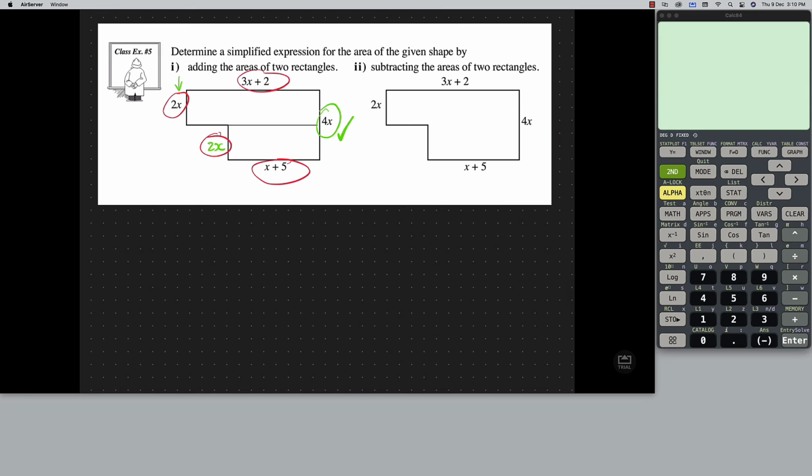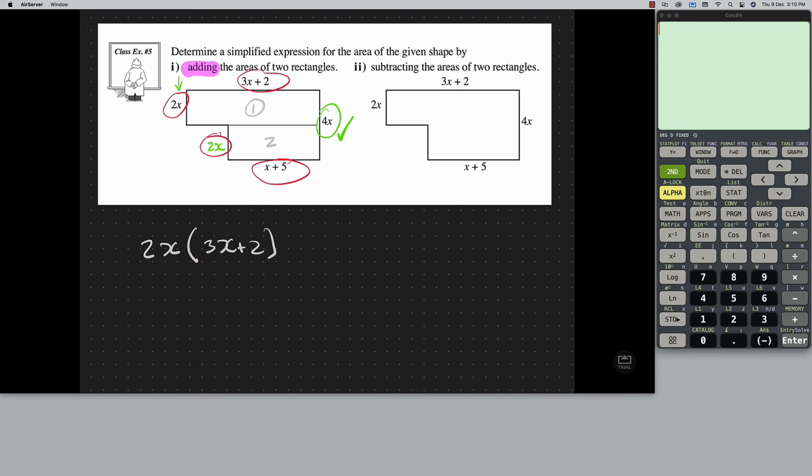Now it basically says that we need to add these two rectangles together. We've already done that, so we're just going to do it again. Essentially, for the top rectangle here, which we'll call rectangle 1, we have 2x times 3x plus 2.